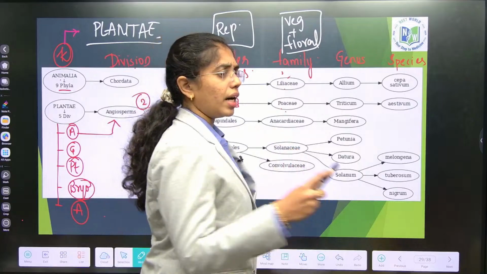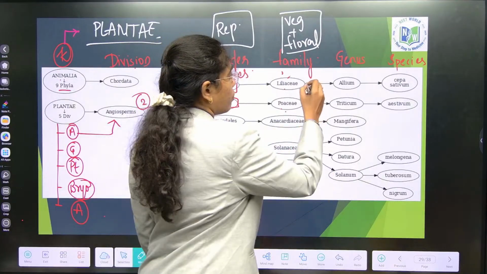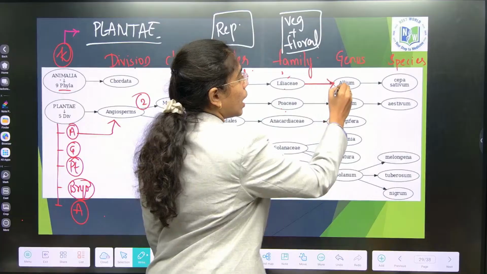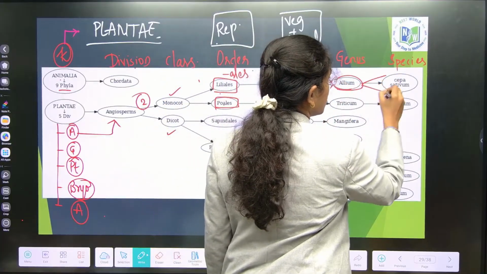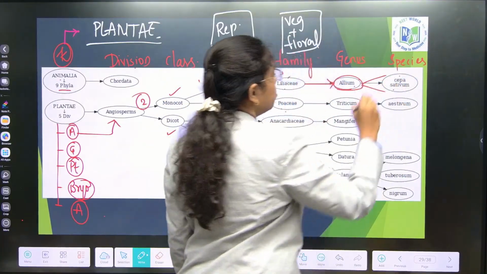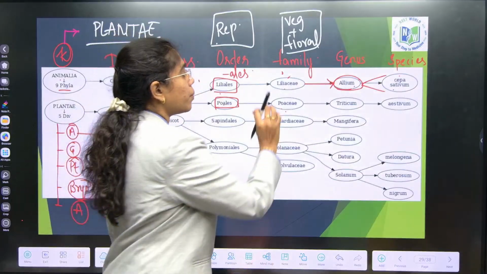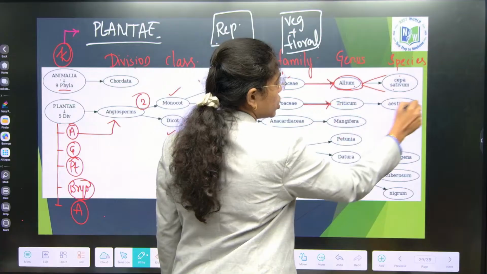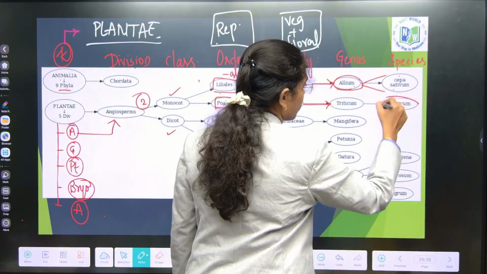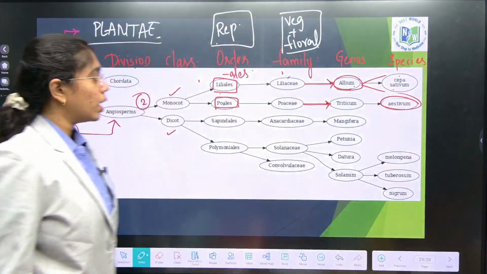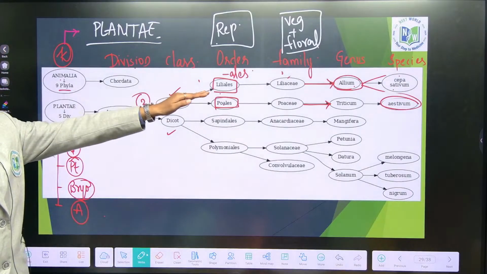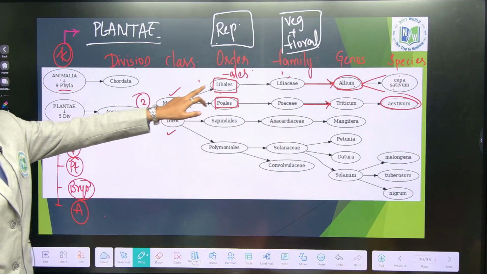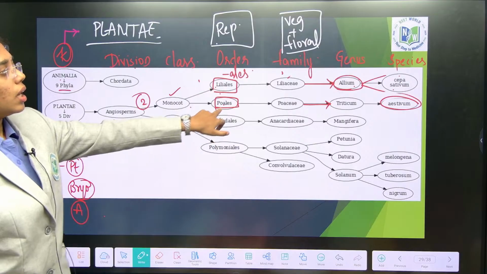Different genera under Liliaceae, we have taken Allium. The genus has different species like Allium cepa, Allium sativum. Next, under Poaceae, Triticum, which is wheat, okay. The species under this is aestivum, Triticum aestivum. Clear, ma? From the monocotyledonous class: Liliales, Poales.